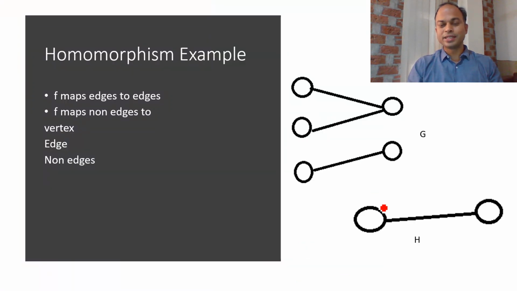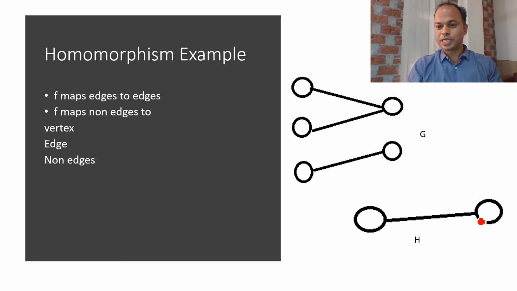If we talk about this example, say graph G is given, this is graph G and this is graph H, and we are checking whether these two graphs are homomorphic or not. If we talk about mapping from edges to edges, the edge mappings exist here, from this point to this point.